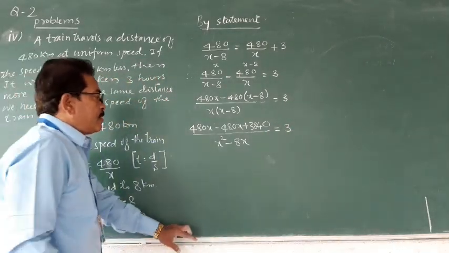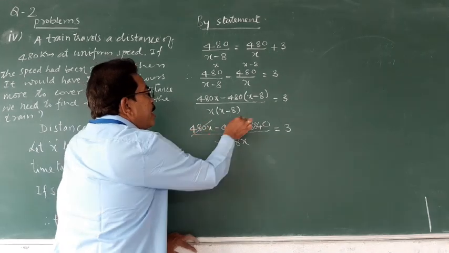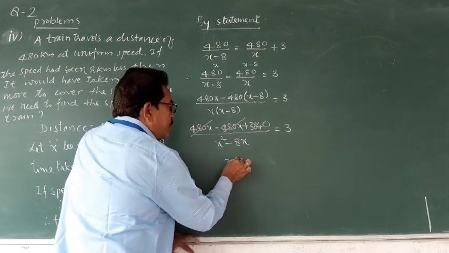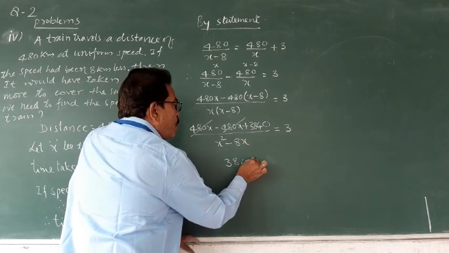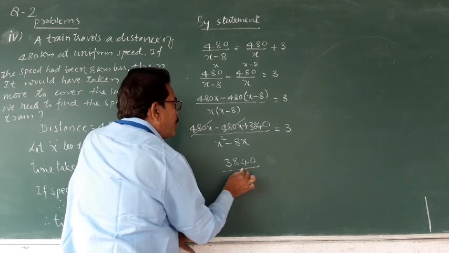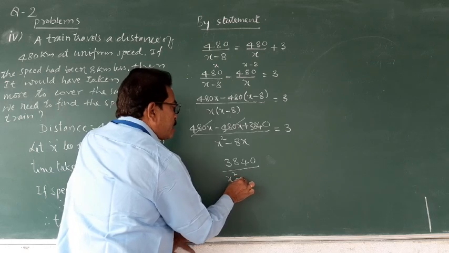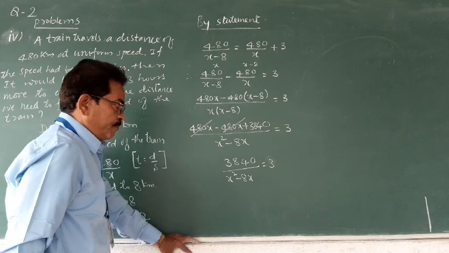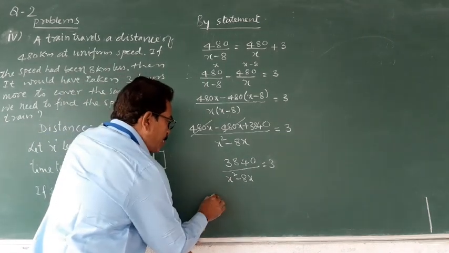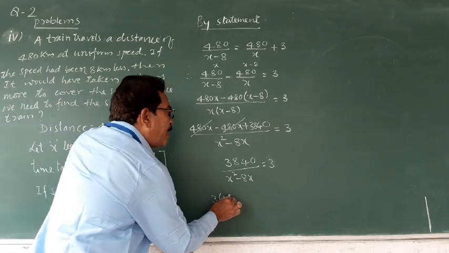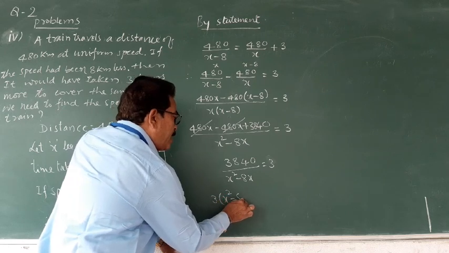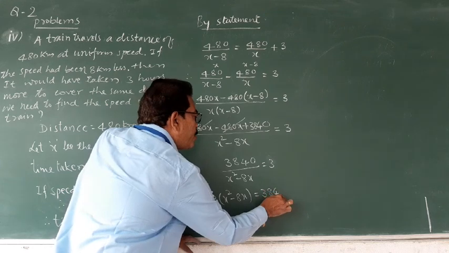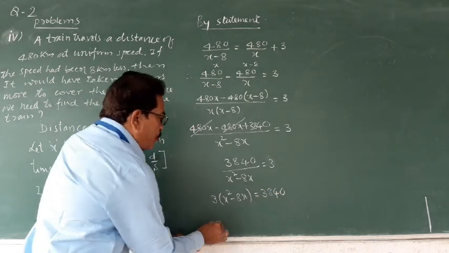See what happens. 480x minus 480x cancels. That is 3840 divided by x square minus 8x equals 3. Now cross multiplication. 3 in the bracket x square minus 8x equals 3840.